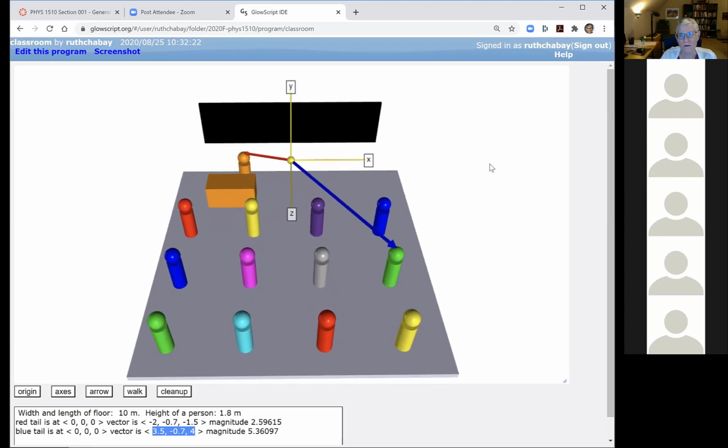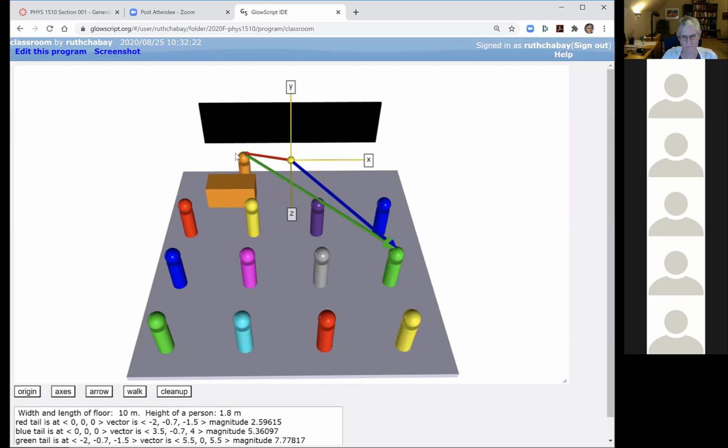And now, we can also find a position of something relative to something that isn't the origin. So we could start an arrow at the instructor, and we could draw it going to this green student. And now the tail of the green vector is at the location of the instructor.